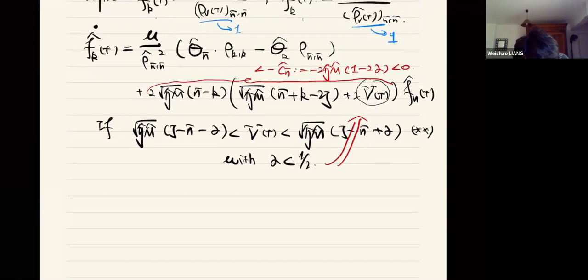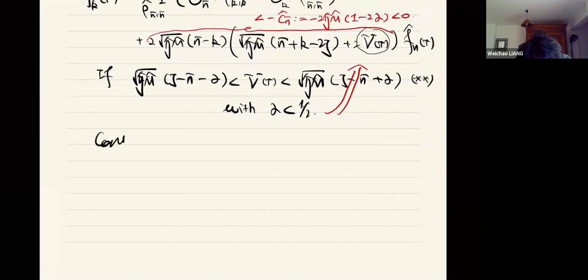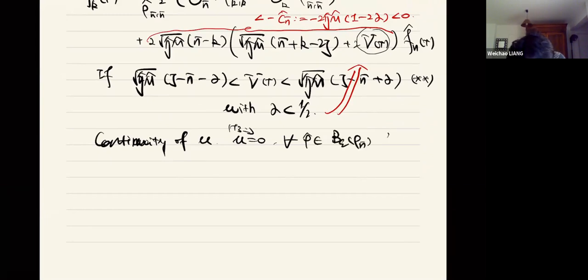And moreover, we know that U is continuous because it's C1. Due to the continuity of U, and U equals 0 from H3, U equals 0 for all rho hat in the ball B epsilon of rho n-bar. This part comes from step 2.